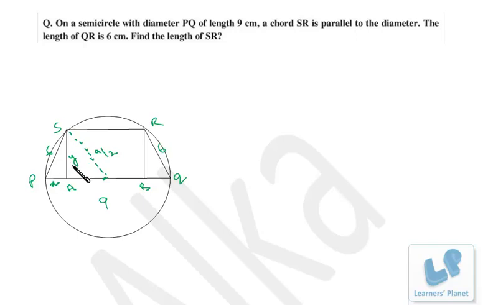Now x square plus y square will be 36. Pythagorean theorem I am applying, right? Over here, see from this center to point P, OP is 9/2 radius, so OA will be 9/2 minus x, right? So 9/2 minus x whole square, OA square plus AS square, that is y square, is equal to radius square, that is 9/2 whole square.